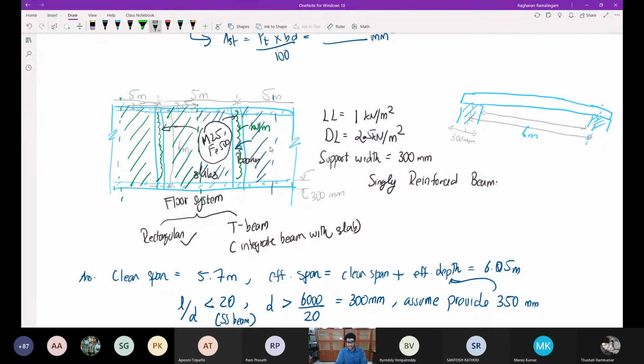You take half of whatever is on this span and half of whatever is on the other span, and both come together. For example, if you have a beam over here, and say this is 3 meters and this is something else, 4 meters.